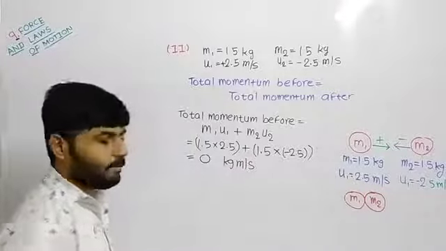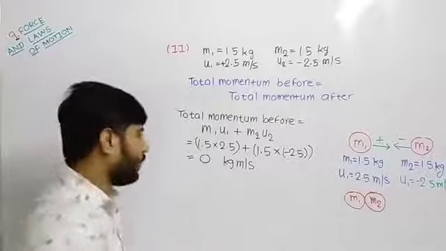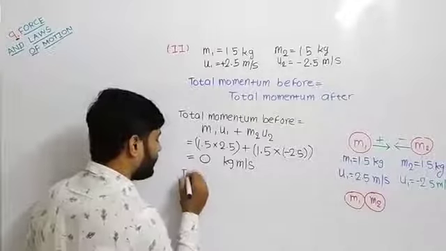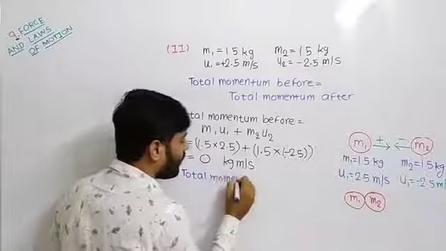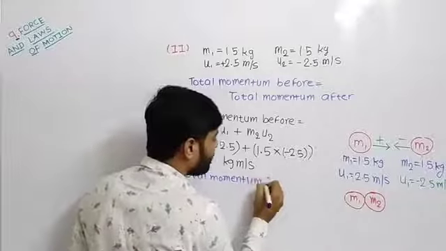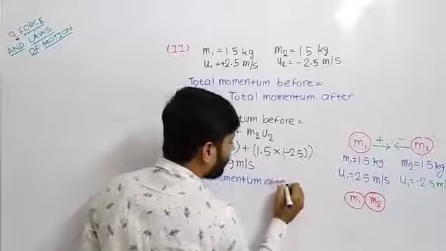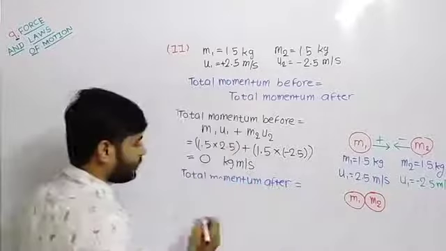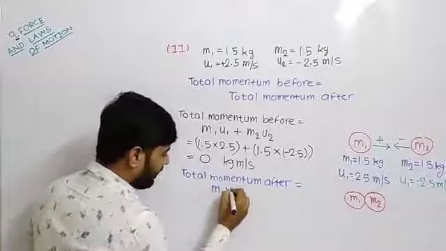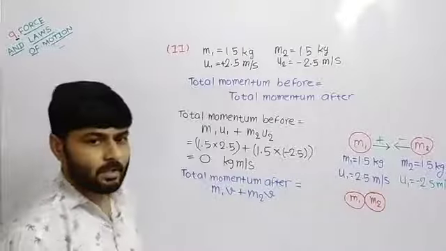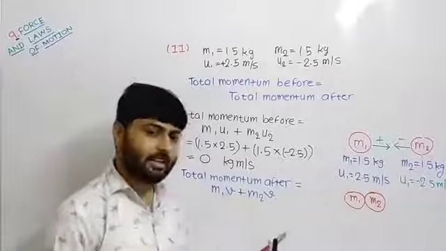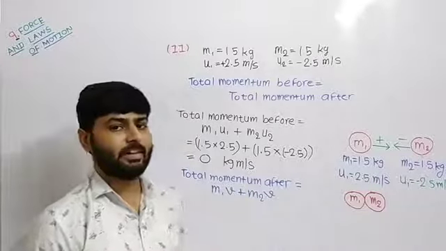Now we have to find the momentum after collision. So I write total momentum after collision is equal to m1 v plus m2 v. Why do I write only v and not v1 and v2?